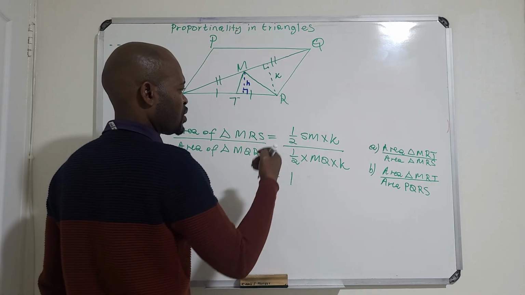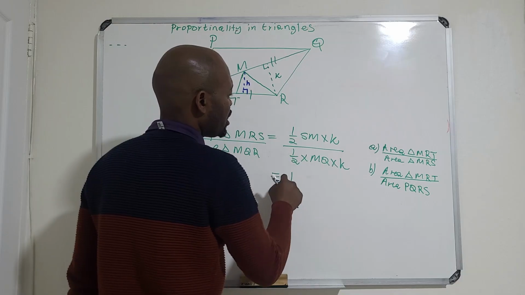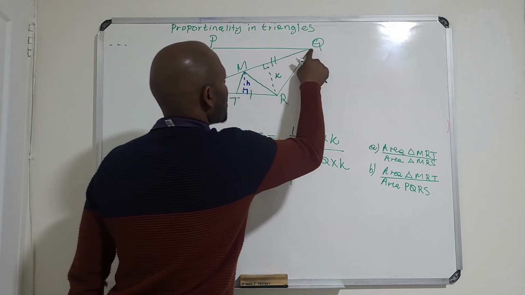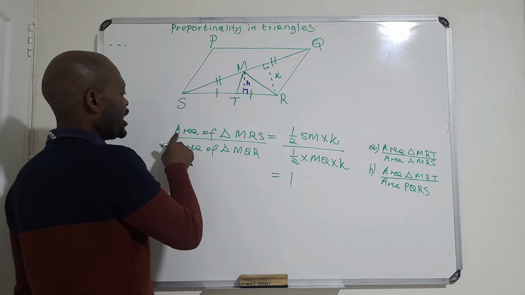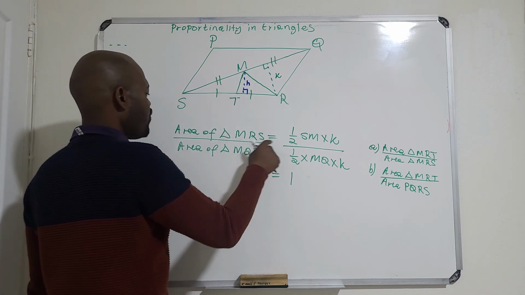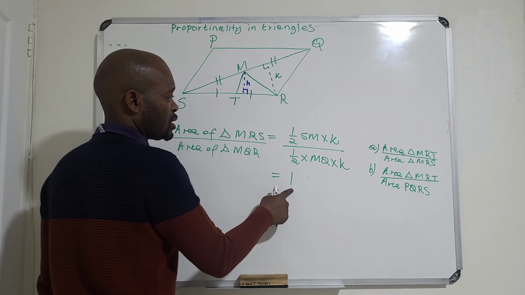Because this cancels with that, this cancels with that. SM is equal to MQ. That is why we say the area of triangle MRS over the area of triangle MQR is equal to 1.